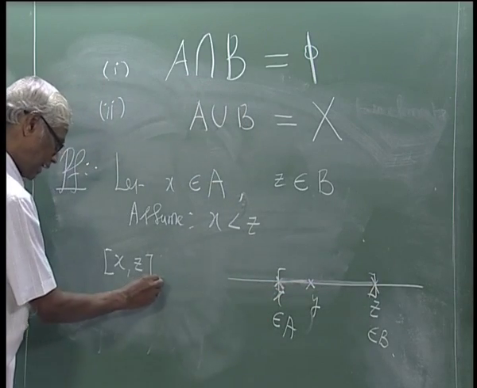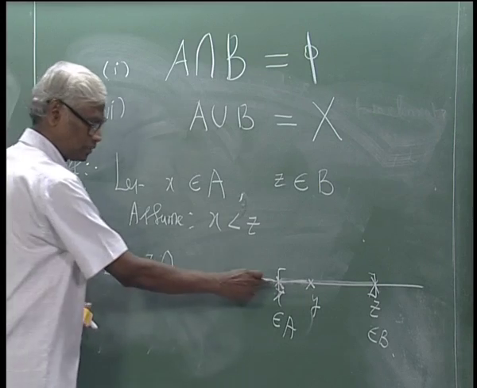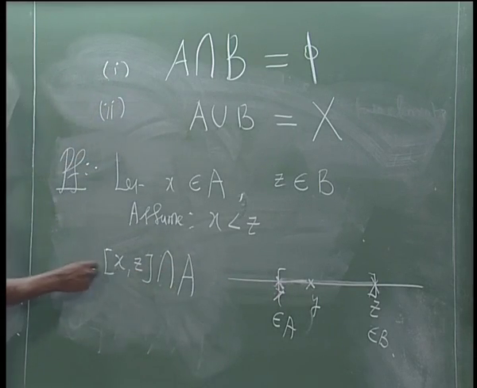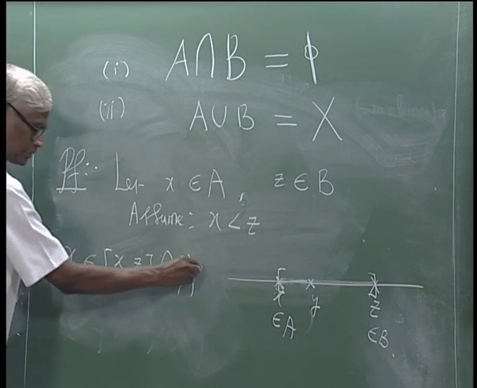Now take its intersection with A. Here x is in A, and x is in the interval, so this set is non-empty.